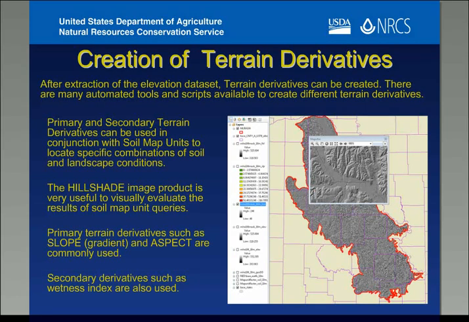Others are like aspect and solar radiation, or analytical hillshades, another term for that. But these are just some of the primary derivatives. Some of the secondary derivatives, like a wetness index, can also be created and used. We're not going to talk about some of the more advanced processing capability that is available in packages like ArcSIE, Soils Inference Engine, or TALDM. But for the advanced users, there are terrain derivatives that can be created there that are very useful as well.